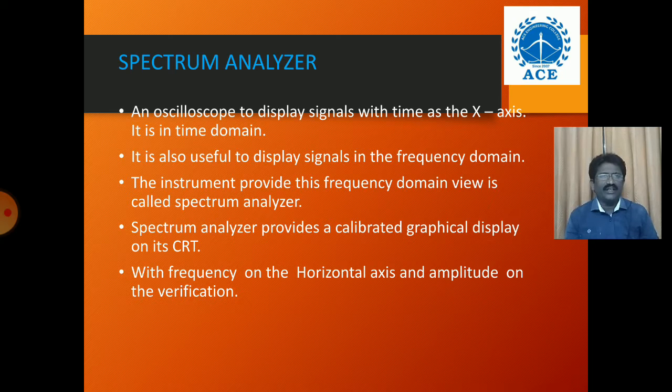The second one is the heterodyne wave analyzer. It also has a first block as an attenuator. Now we have to combine this signal with a local oscillator with the help of a mixer. Again in the second section, you have to combine with a crystal oscillator.